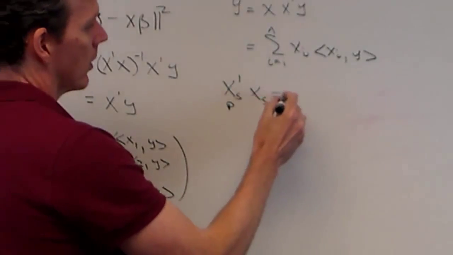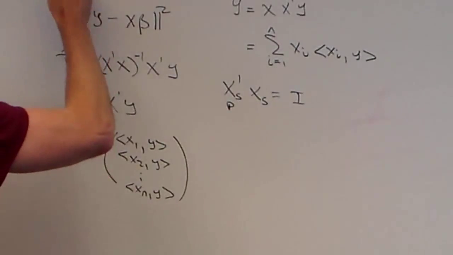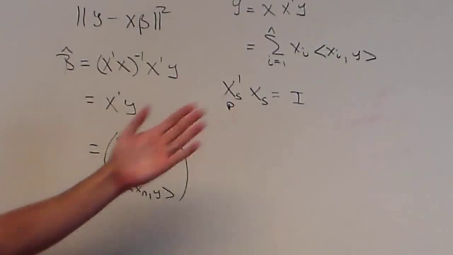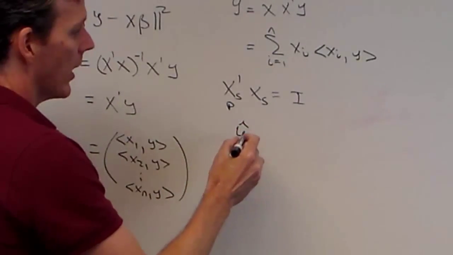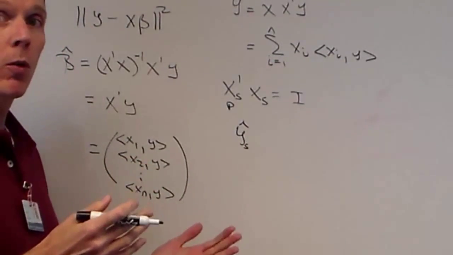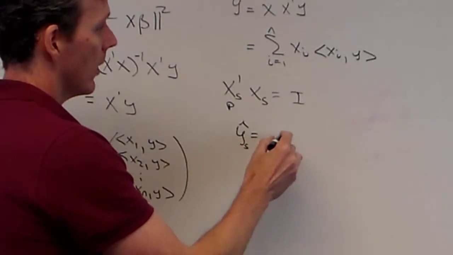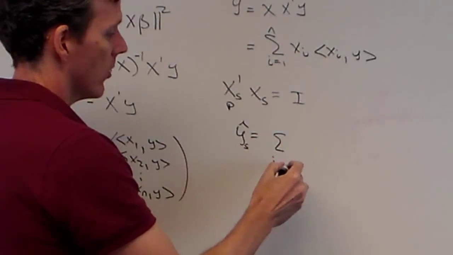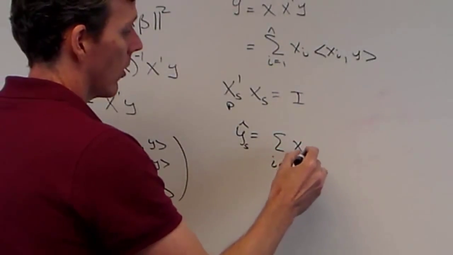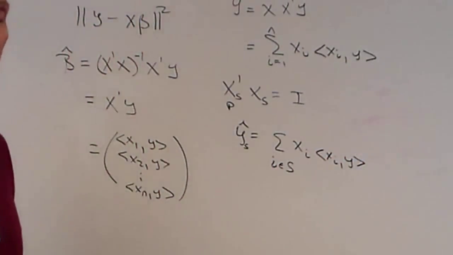Well, x sub s transpose x sub s also equals I, just because of the statement up here. Then this whole argument just goes through, and my y hat, fitting the subset of x rather than the full basis x, is just the sum over i in the subset of indices of xi times the inner product of xi and y.